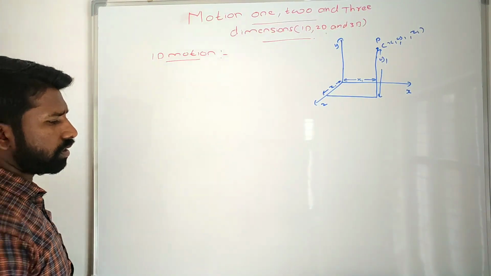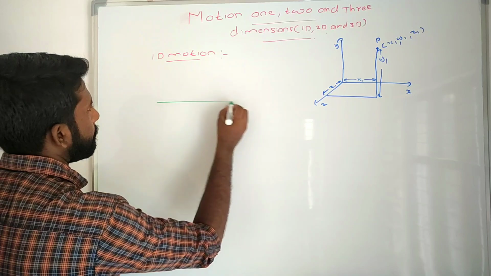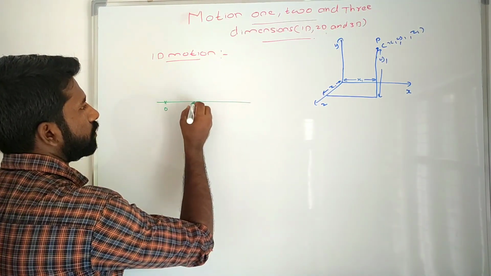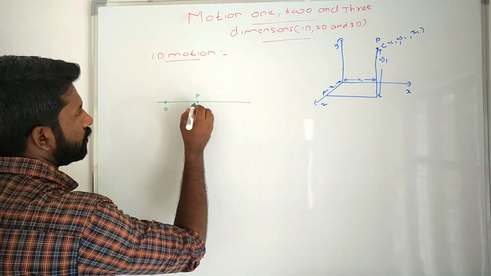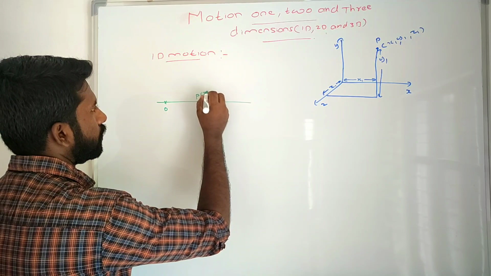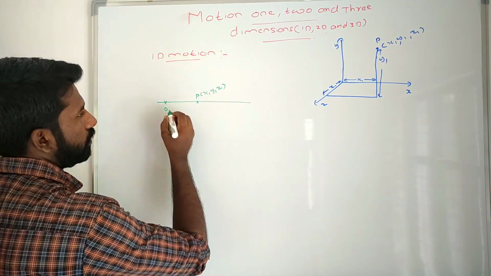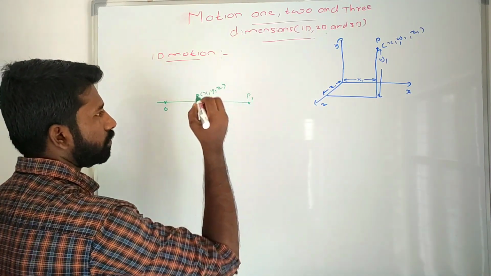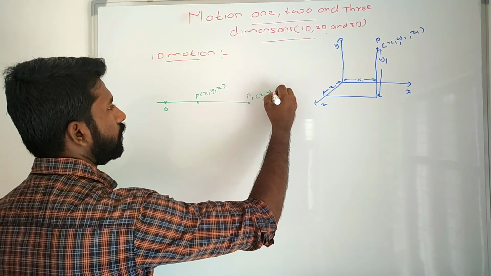How will the diagram look? So you can see that this is the x-axis. Here is the origin. Initially the point is here. P is the point. Here its components are x, y, z. Now after some time, the object comes to here, P1. Here its point is x1, y, z.